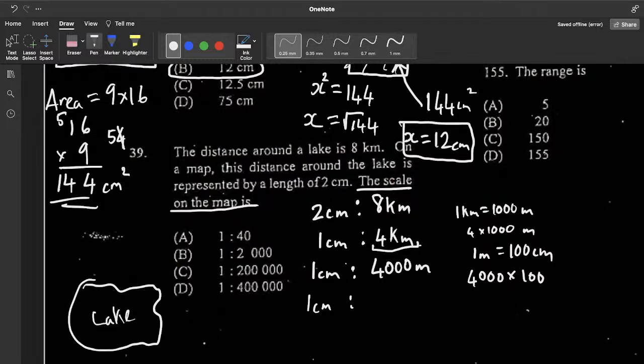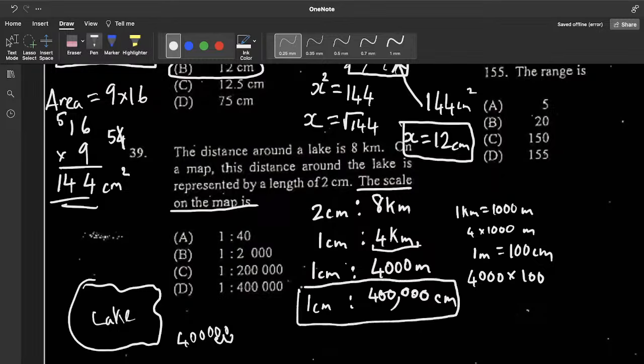Say the decimal point would be here, we move 2 zeros, so we have to fill in these zeros here. So it's going to be 4, 0, 0, and then after we put these other 3 zeros, 1, 2, 3, and this is in centimeters. So our answer is 1 centimeter to 400,000 centimeters, which represents this here. And this is our answer then.